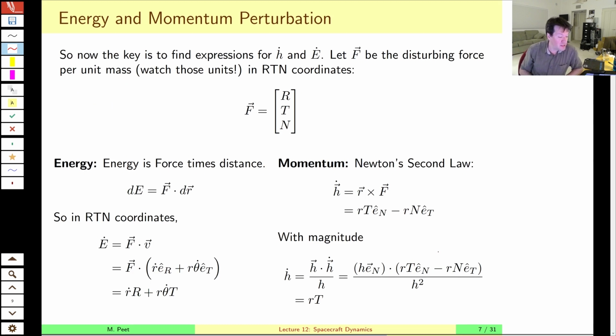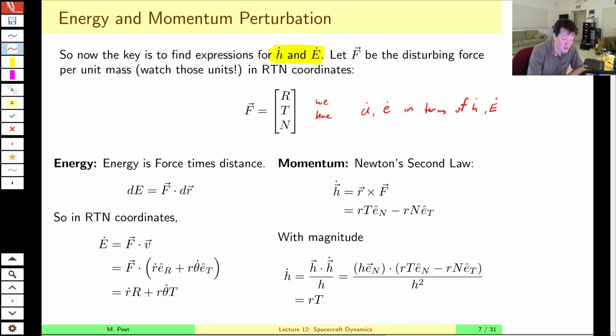So now clearly the important thing to do is to find expressions for these two quantities, because we know A dot, and e dot in terms of H dot and E dot.